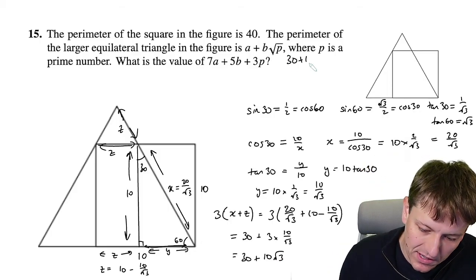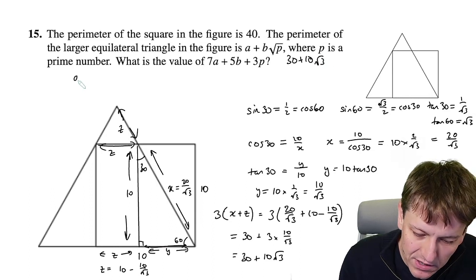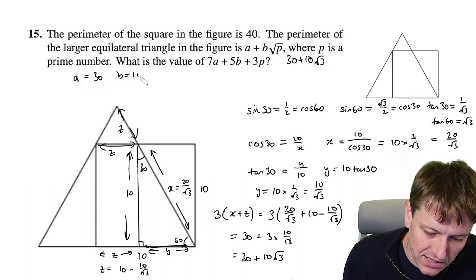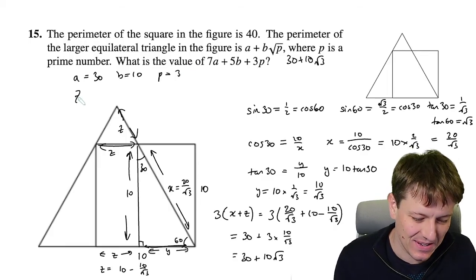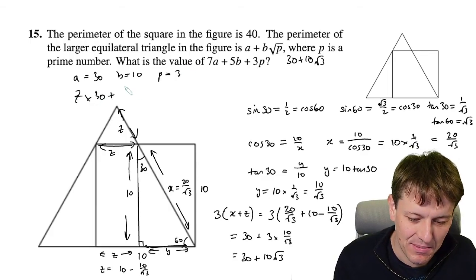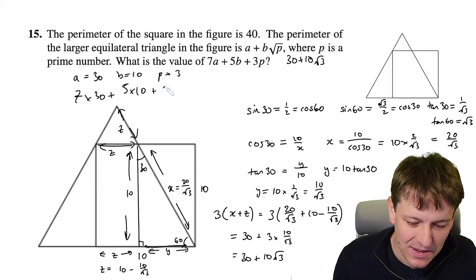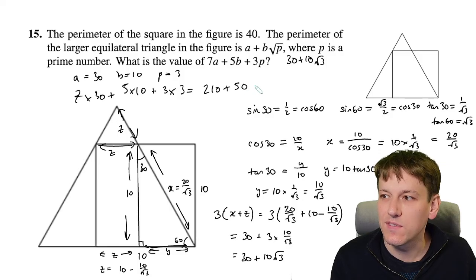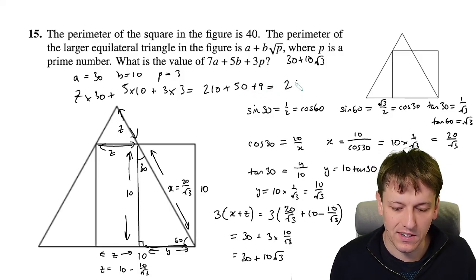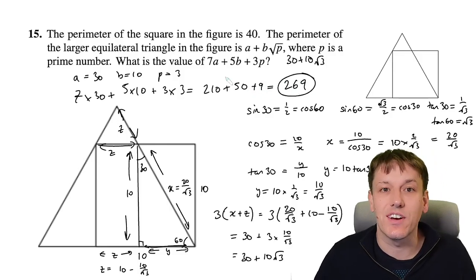I've got 30 plus 10 root 3, so it must be that A is 30, B is 10, and P is 3. So we can do 7 times 30 plus 5 times 10 plus 3 times 3, and that gives me 210 plus 50 plus 9 for a final answer of 269.